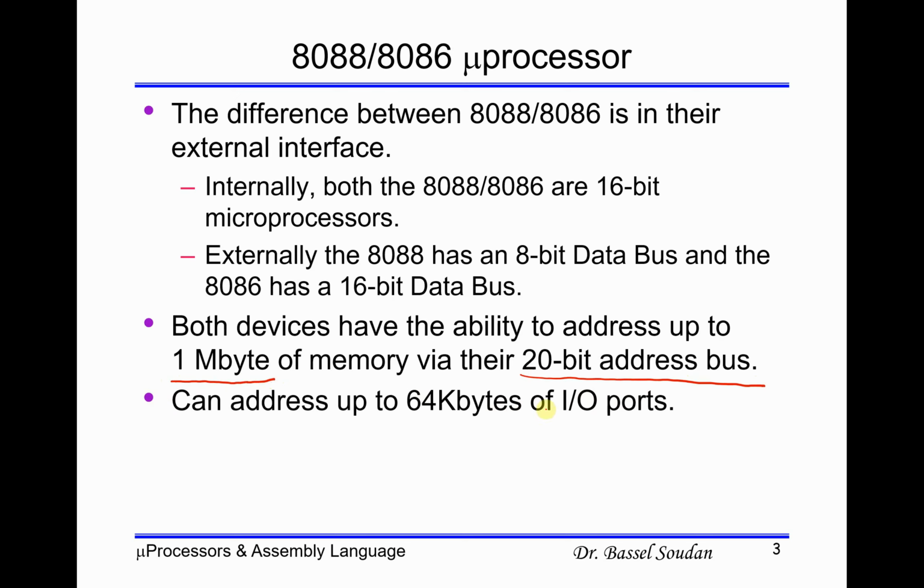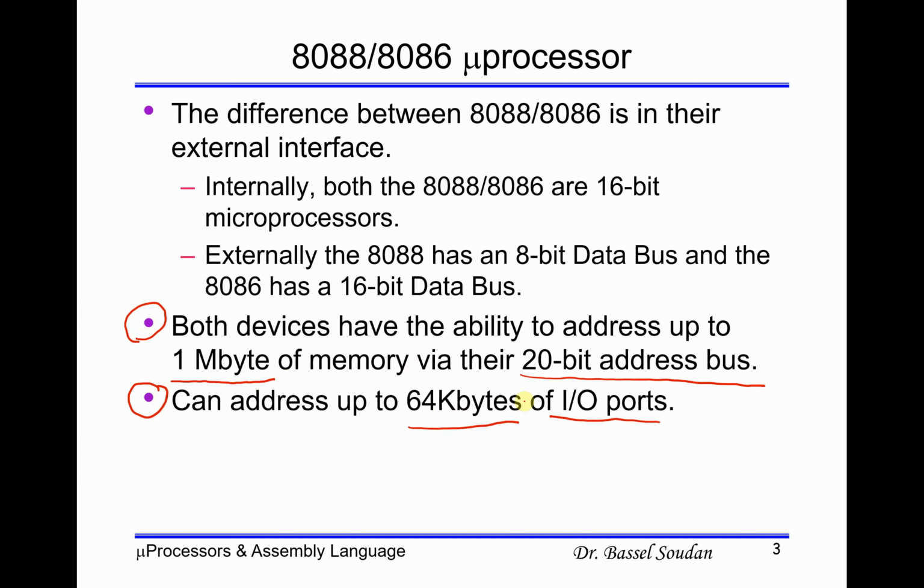Now, what about the IO? Input-output devices are different things that the microprocessor needs to interface with, similar to the memory. So the processor is interfacing with two main items: the memory and the input-output devices.